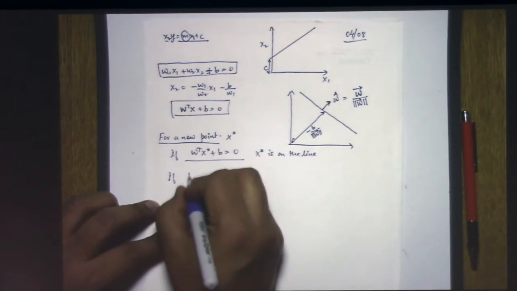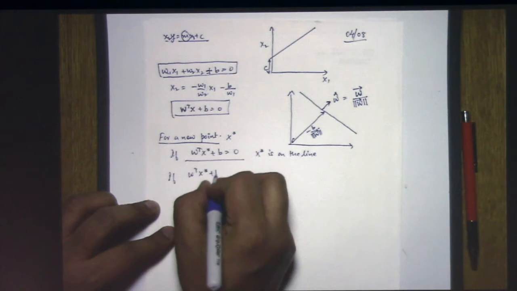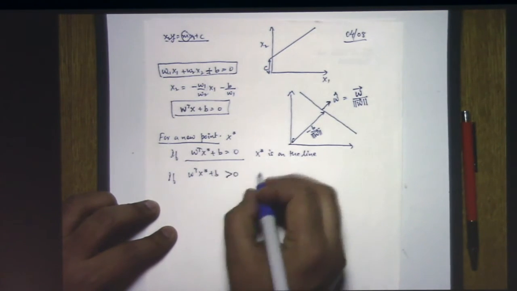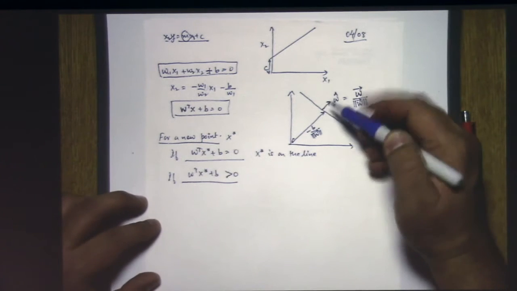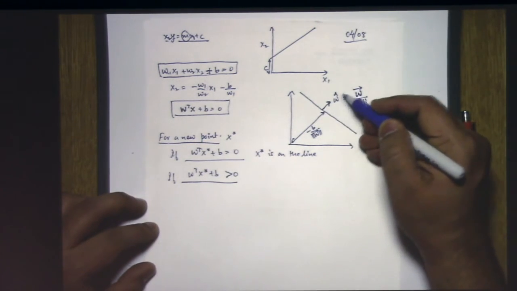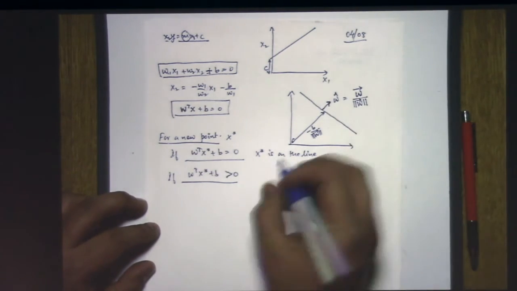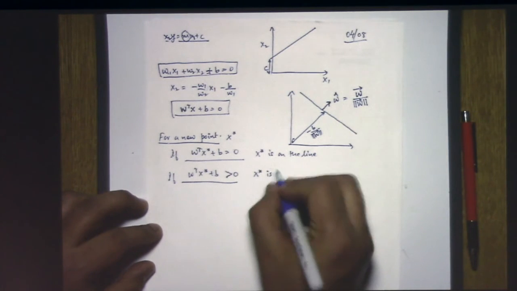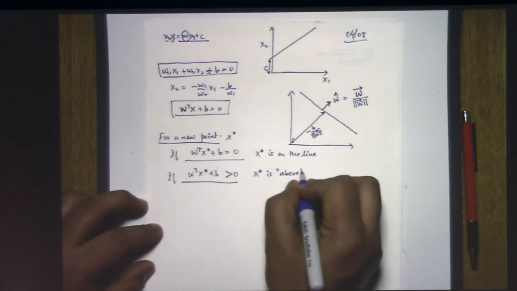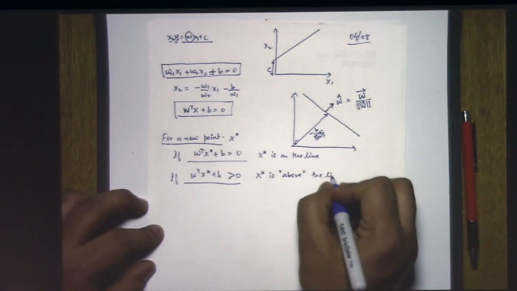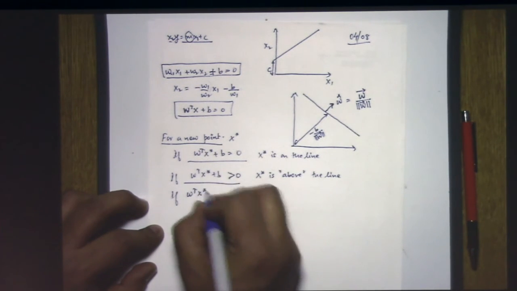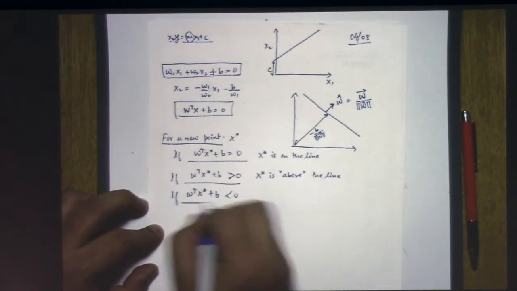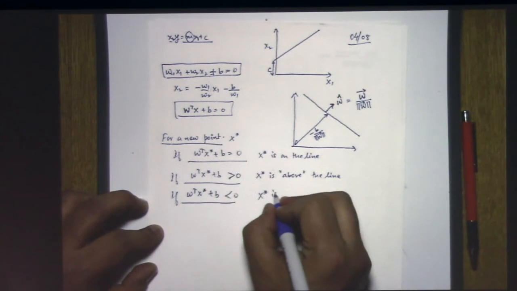If W transpose x star plus B is greater than 0, then it's above the line, or typically we say it's in the same direction as this unit vector, so it's on this side. So x star is above the line. And in the same way, if W transpose x star plus B is less than 0, then x star is below the line.